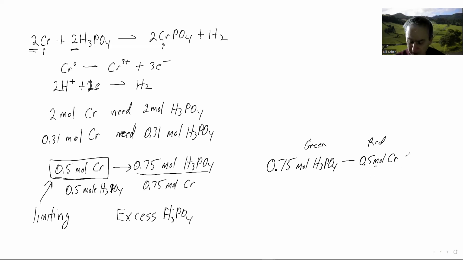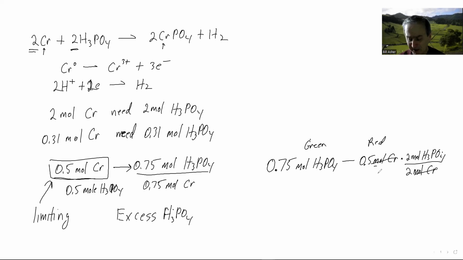So I need a conversion factor, and that's given by the stoichiometric coefficients, which tells me that I need 2 moles of H3PO4 for 2 moles of chromium, right? And so now the moles of chromium are canceling with the moles of chromium. And what's 2 divided by 2?